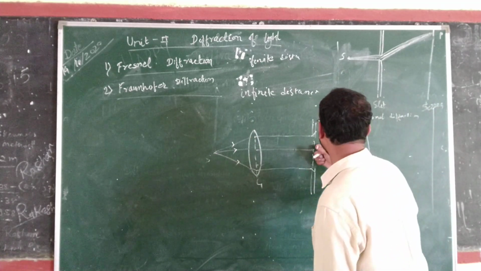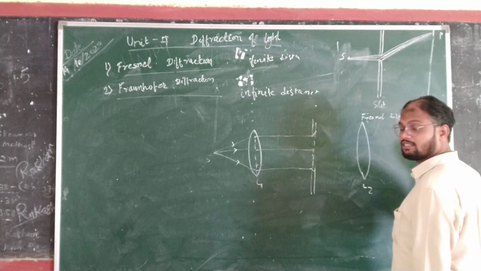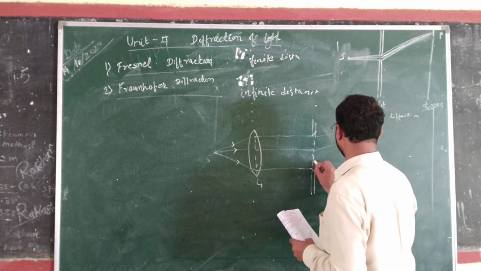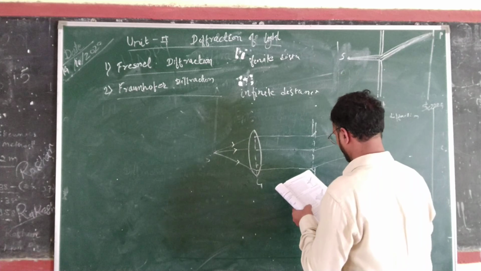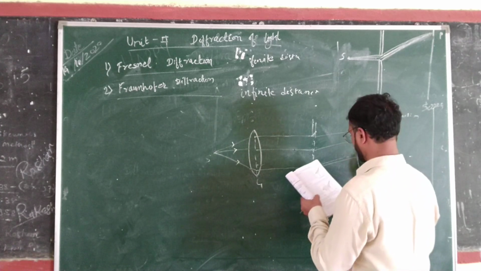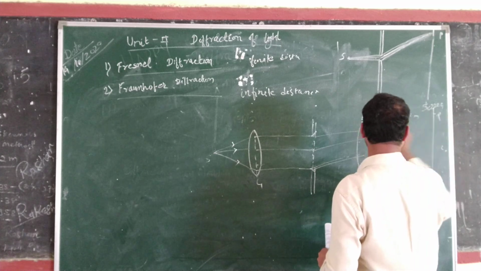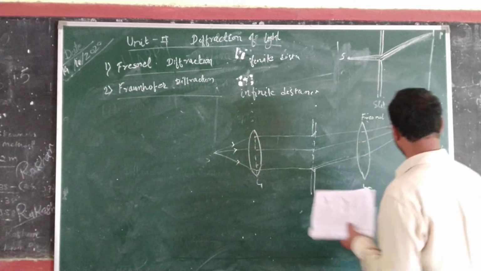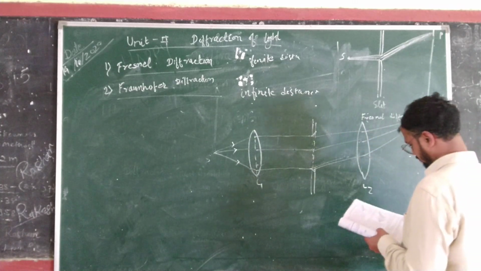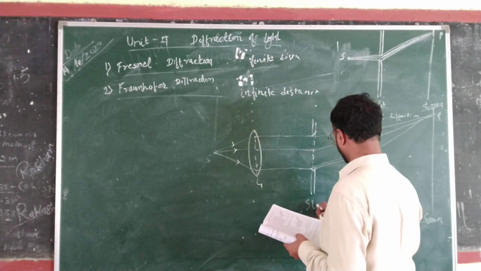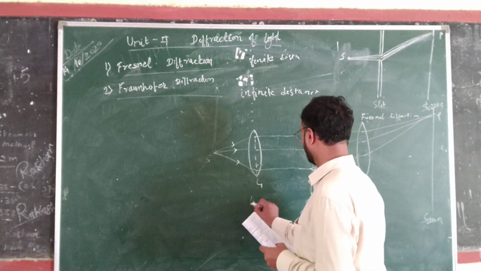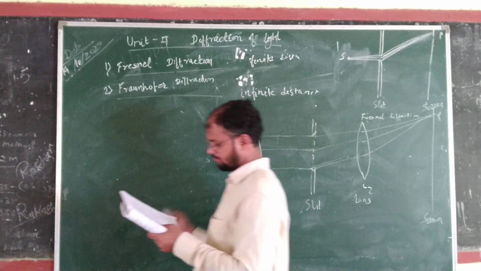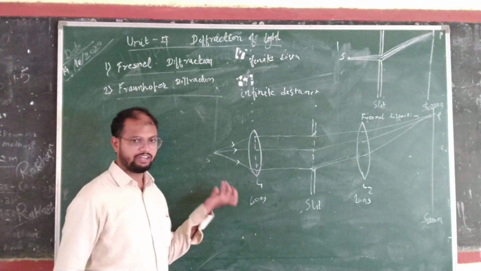The light coming from this aperture is made parallel for the screen. This is the screen, this is the slit, this is the lens, and this is the source of light. This is the diagram for Fraunhofer diffraction.